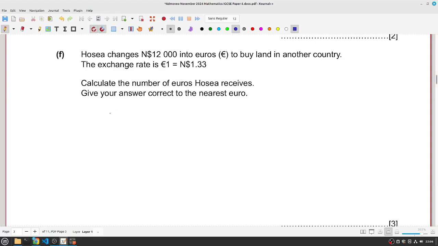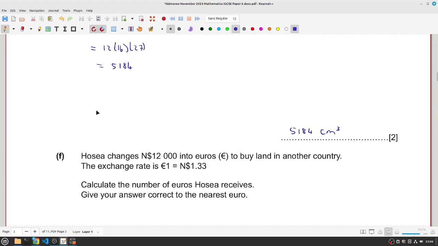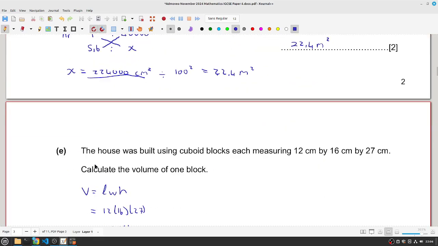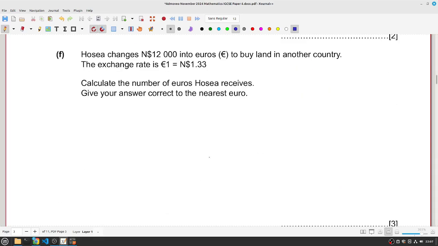So again, this I can do in straightforward ratio form. Exactly the same as how we did this in ratio form. Okay, so we have Namibian dollars and we have euros. So 1 euro is the same as 1.33 Namibian dollars.